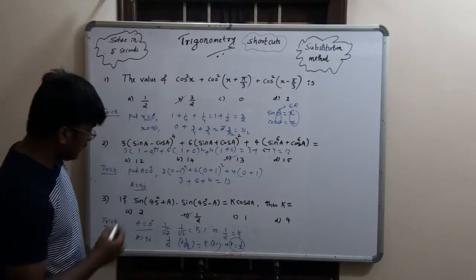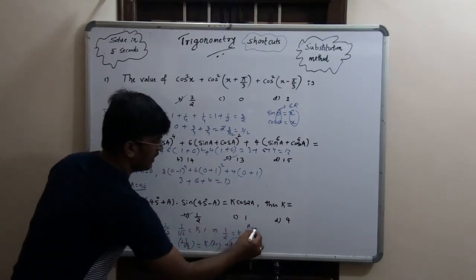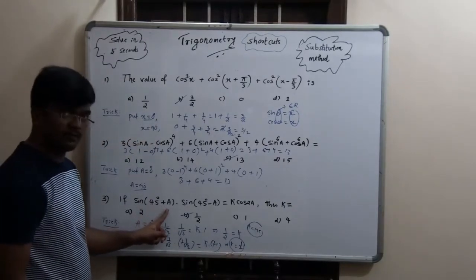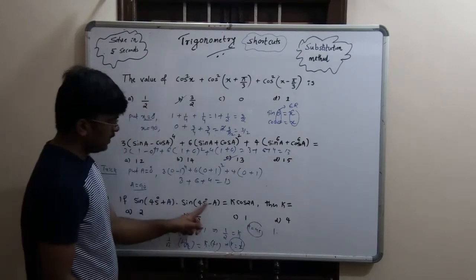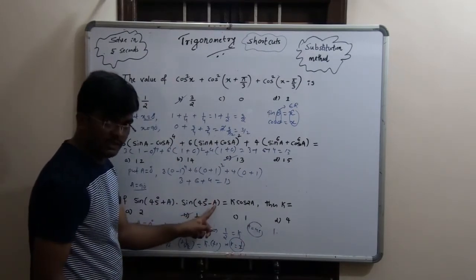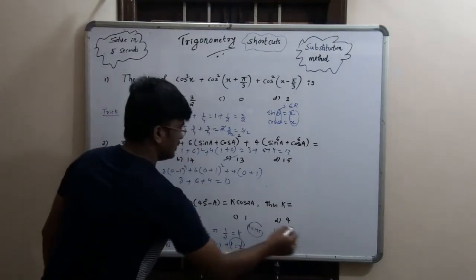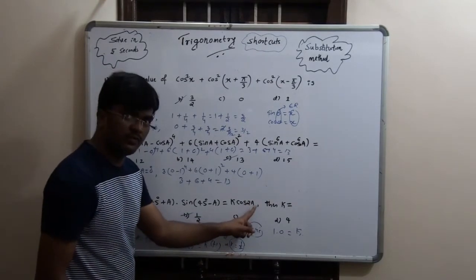Sir, why can't you take 45 degrees here? If A is equal to 45 degree, what will happen? Check here. If A is 45, sin of 45 plus 45 is what here? 90. Sin 90 value is 1. So if A is 45, 45 minus 45 is 0. Sin 0 value is 0. 1 into 0 is equal to k into cos 2 into 45, cos 90.